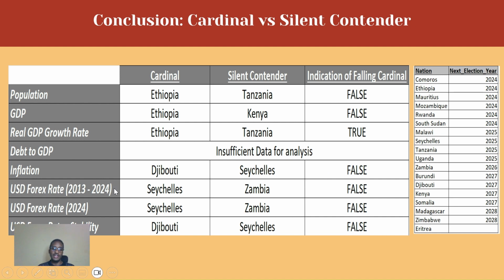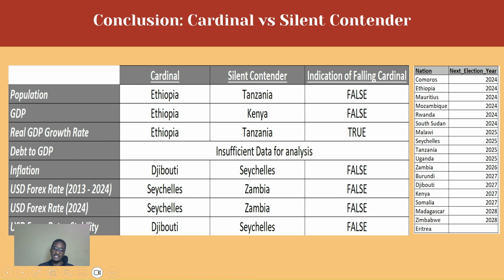And then finally, just across board on the USD metrics. So for the overall trend, Seychelles was greater than Zambia 2013 to 2024, and just specifically 2024. So just because of what we saw in terms of the difference in magnitude and also the variability that Zambia has been showing, where it's increasing in its instability, we do not have an indication that it will usurp Seychelles anytime soon.